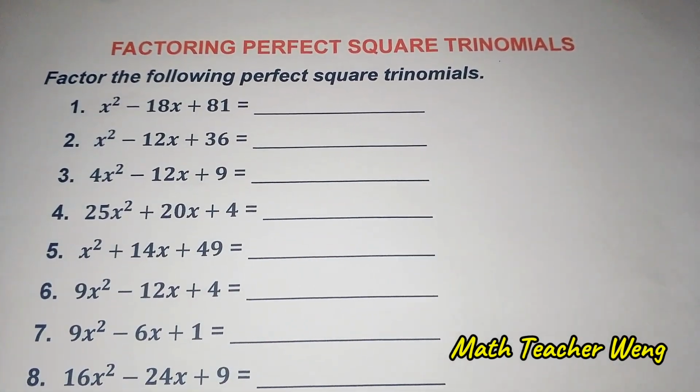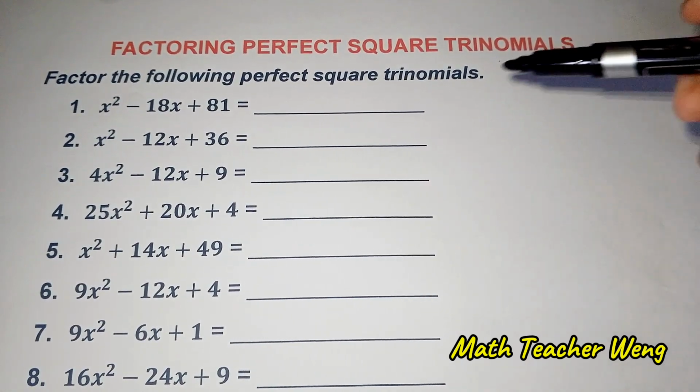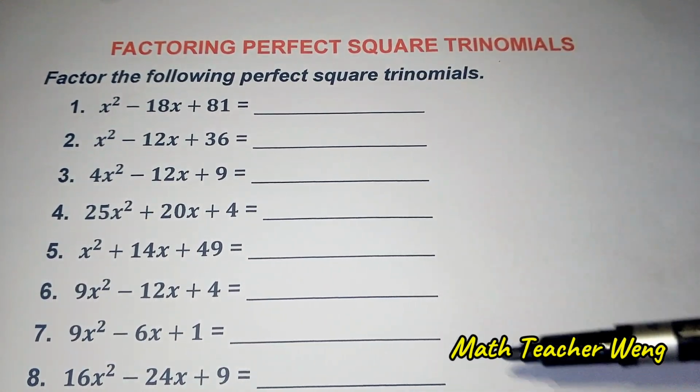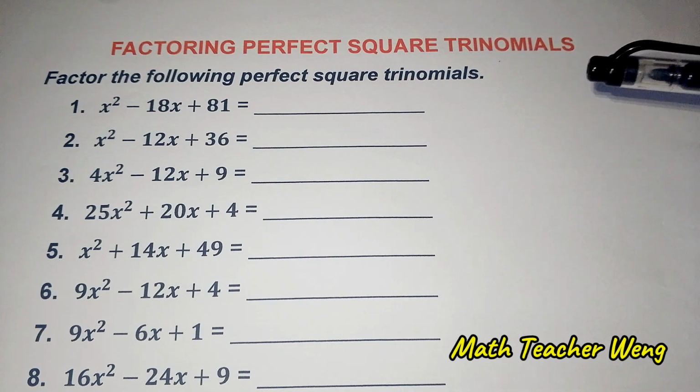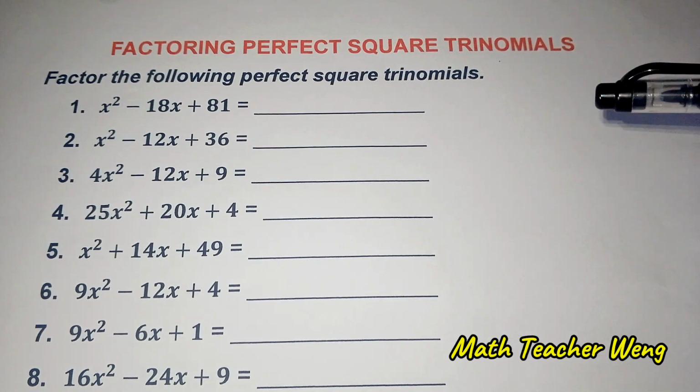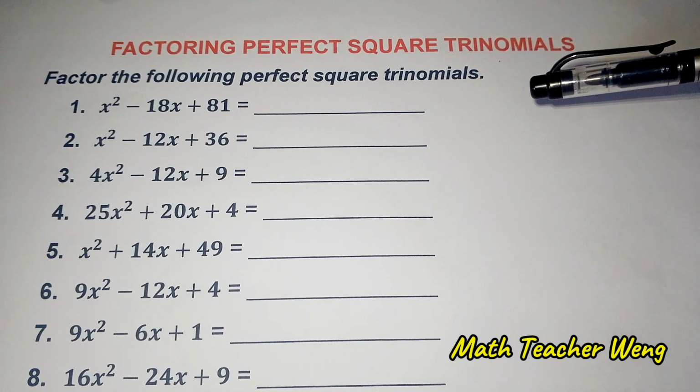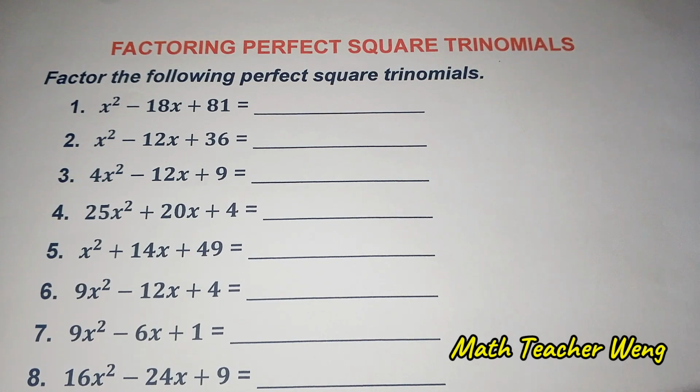So we are now ready to factor perfect square trinomials. Now, each of the following is already given as a perfect square trinomial. But if you are not sure, or if it is not stated that it is a perfect square trinomial, then you have to determine that based on what has been explained earlier.